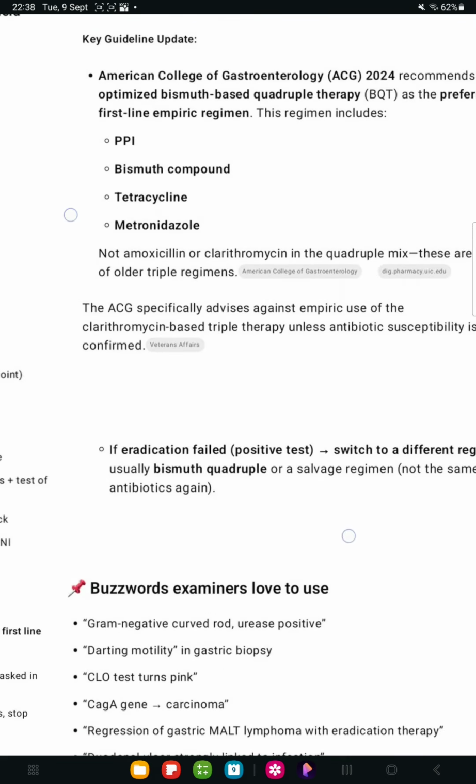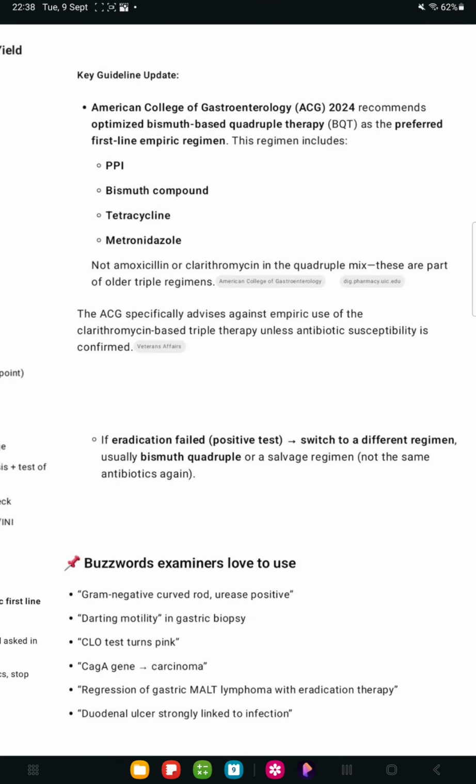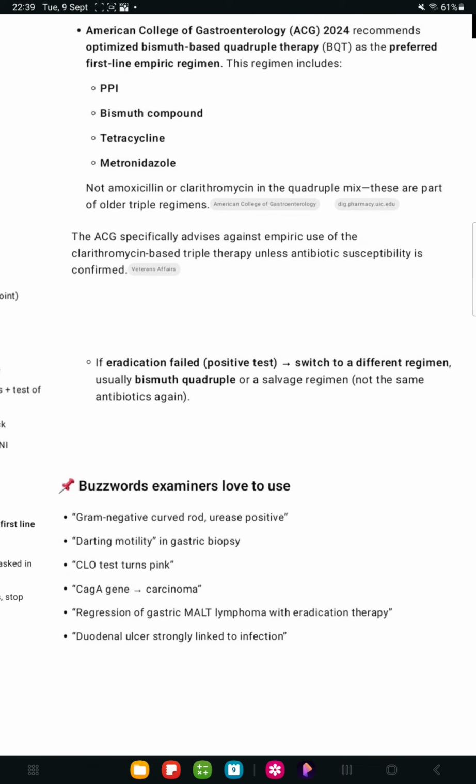Now according to ACG 2024, it recommends BQT, that is bismuth-based quadruple therapy, as the preferred first-line empiric treatment regimen. So this we know, and earlier it was amoxicillin and clarithromycin, and they are part of the older triple regimens, not the current ones. And one thing we have to remember, ACG advises against the use of clarithromycin-based triple therapy unless antibiotic susceptibility is confirmed.